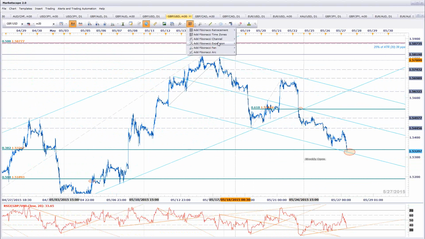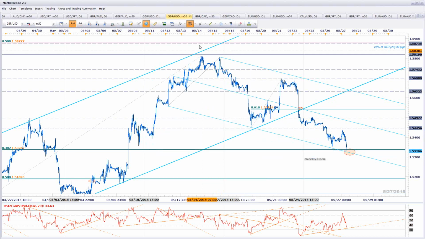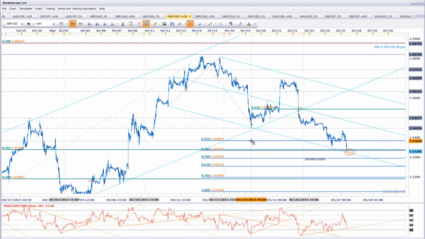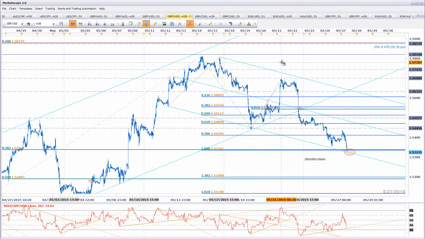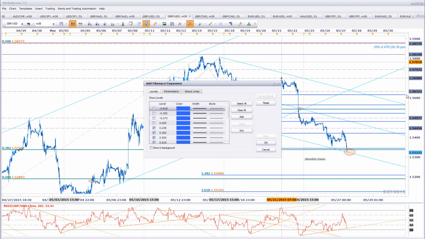Let's take a quick retracement off this high and see if anything comes out. Yeah, looks pretty clean.